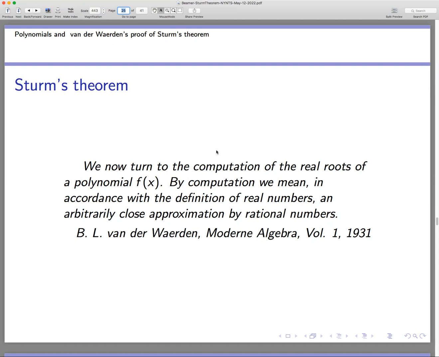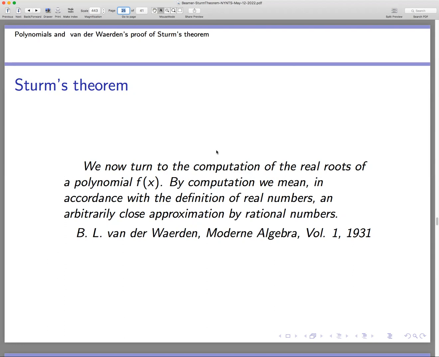It says that the number is the variations in signs of the coefficients of the polynomial minus some non-negative even number, and that is for the number of roots counting their multiplicities. The Budan-Fourier theorem gives you a similar upper bound for the number of real roots of a polynomial between any numbers A and B, counting multiplicities.